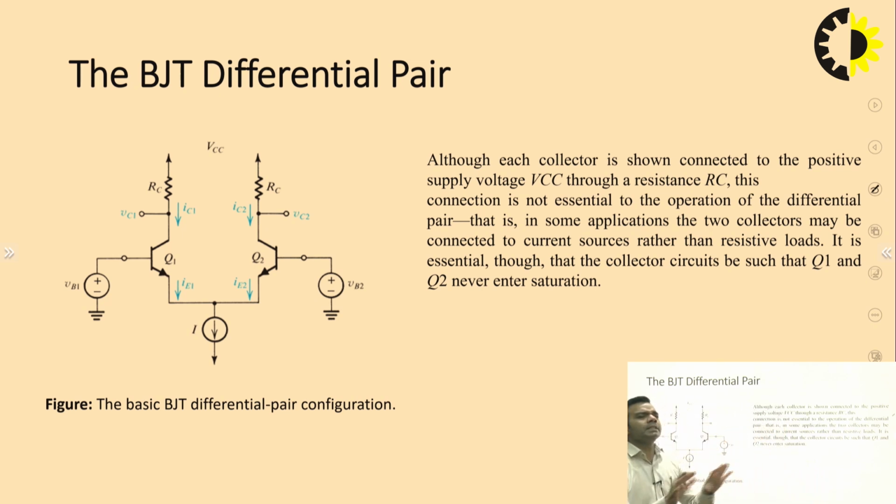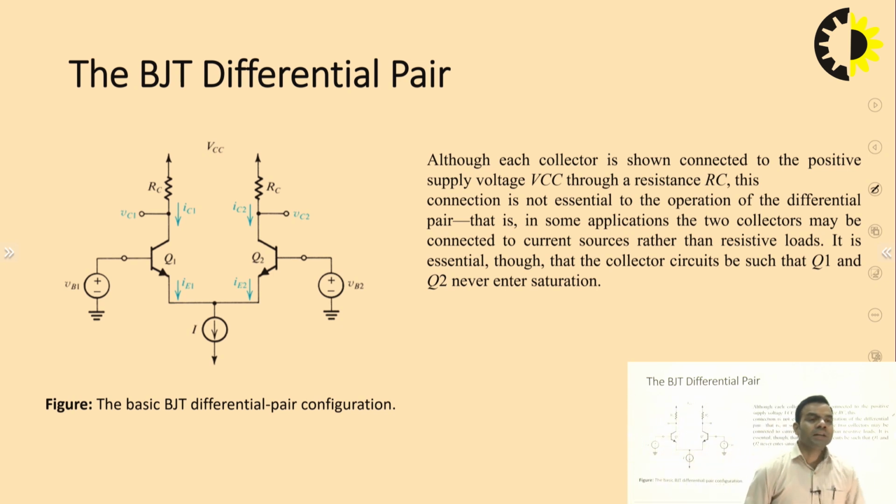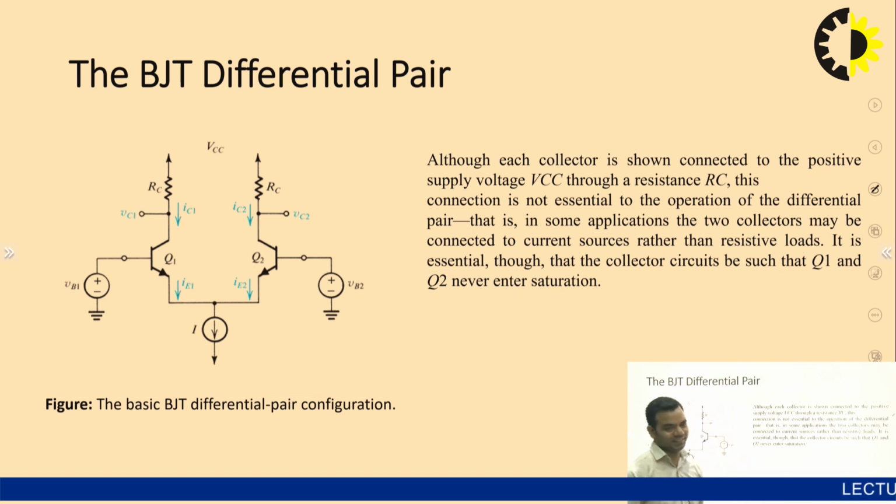You can simply differentiate between a current mirror circuit and a differential pair. One difference is that in current mirrors, you can use a minimum of 2 or more than 2 transistors, but in a differential amplifier, you use only 2 transistors.